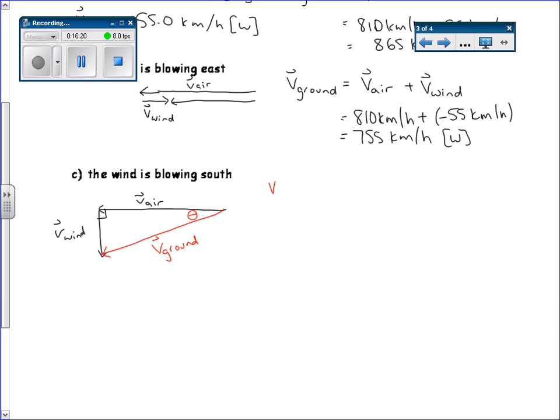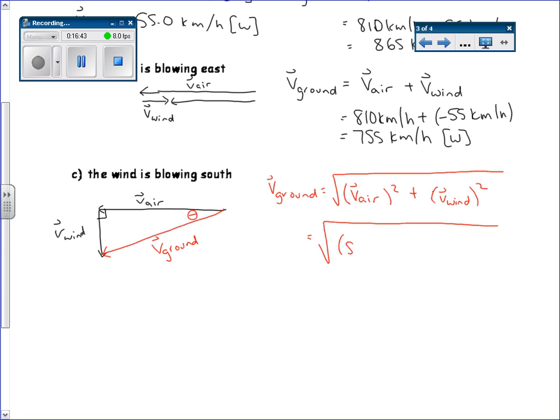The velocity to an observer on the ground is still the vector sum of the velocity in air plus the velocity of the wind, except that now we find that vector sum by finding the hypotenuse using Pythagoras. So it's the square root of 810 kilometers per hour squared plus 55 kilometers per hour squared, which gives us 812 kilometers per hour.